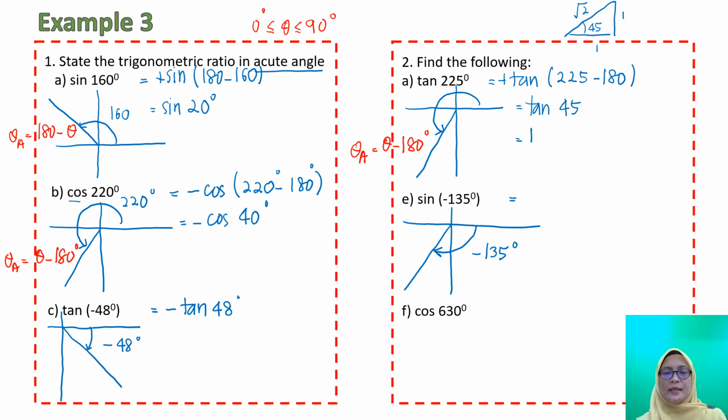So sin negative 135. Okay, so negative 135 is in the third quadrant. So third quadrant only tangent is positive. So ini kita ada sin, means that you ada negative sin.